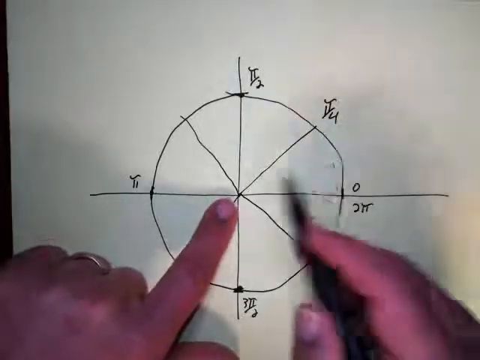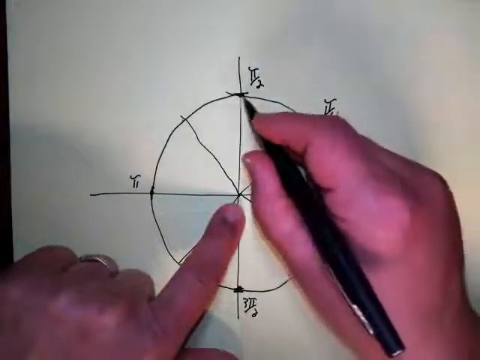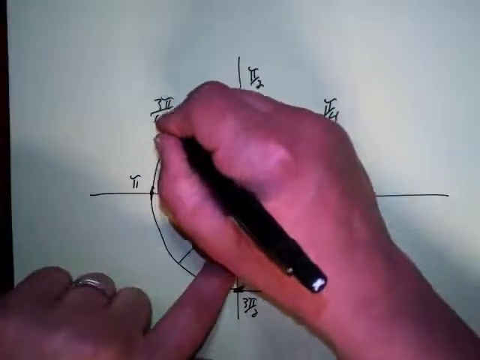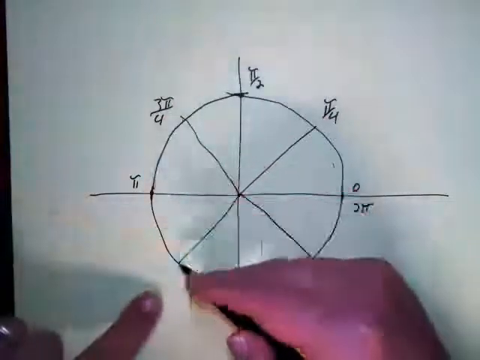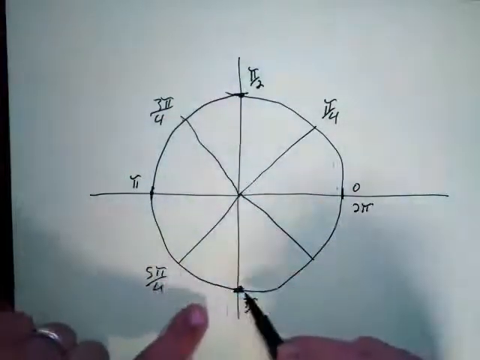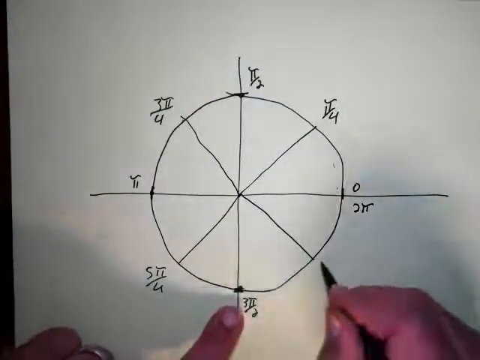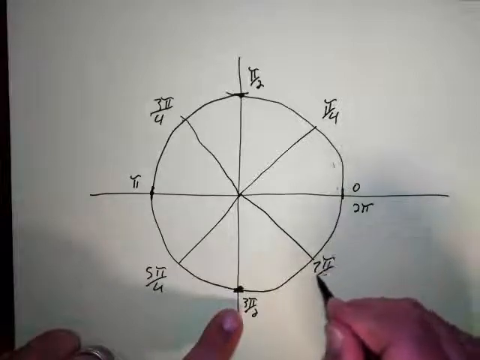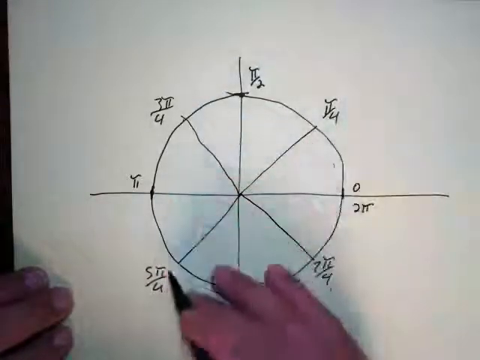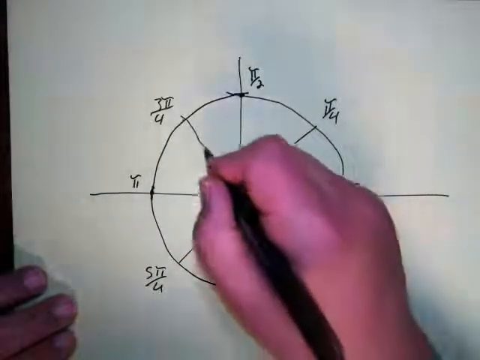And if you look at this one, what is this angle? This is pi over 4, 2 pi over 4, 3 pi over 4, 4 pi over 4, this would be 5 pi over 4, 6 pi over 4, reducing down to 3 pi over 2, 7 pi over 4. These are the radians for all those 45-degree angles.